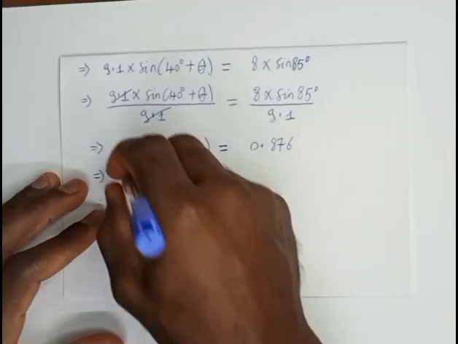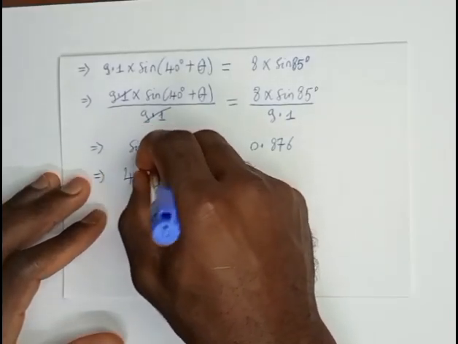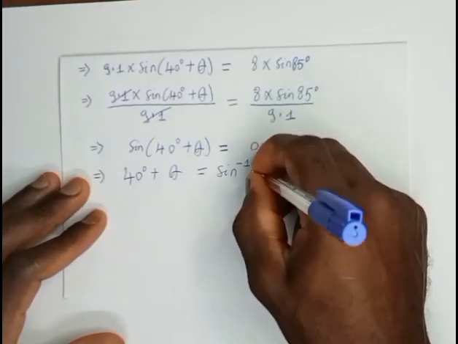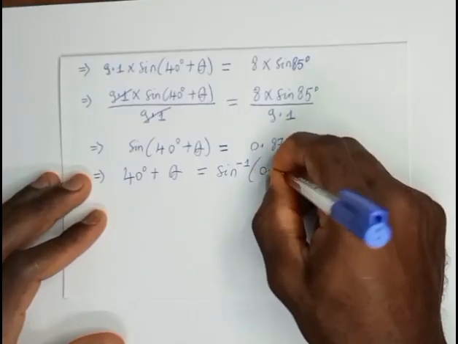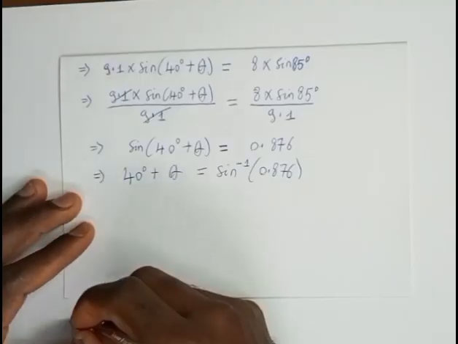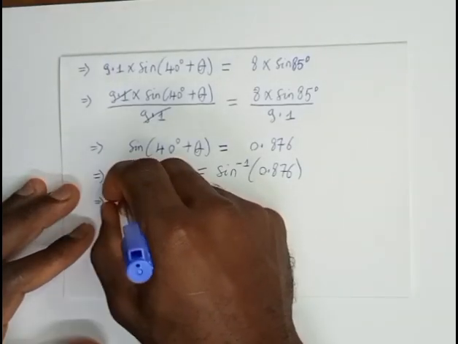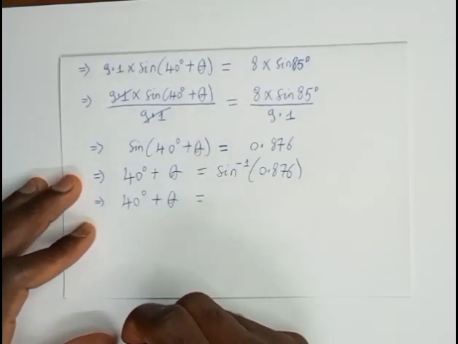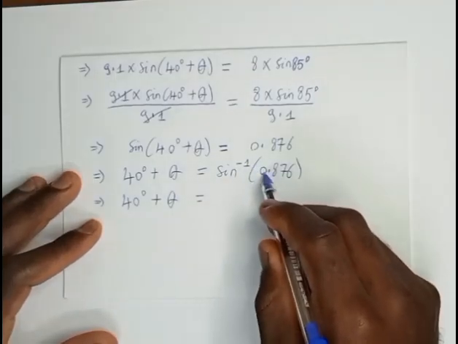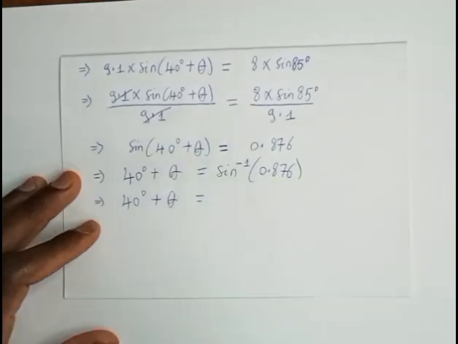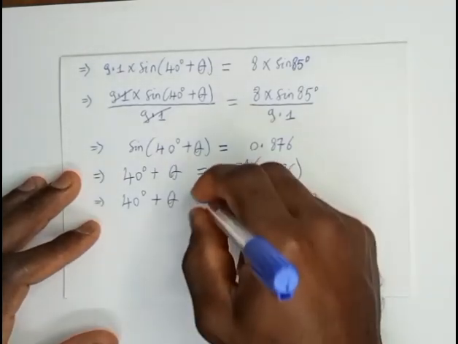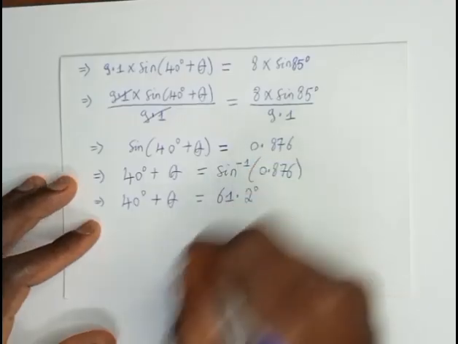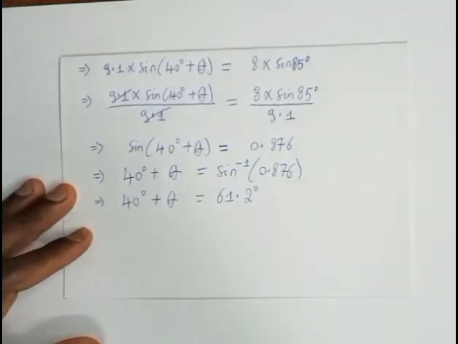Then, taking sine inverse on both sides, 40 degrees plus theta will simply be equal to the sine inverse of 0.876, which to 1 decimal place gives us 61.2 degrees. We have to look for theta.